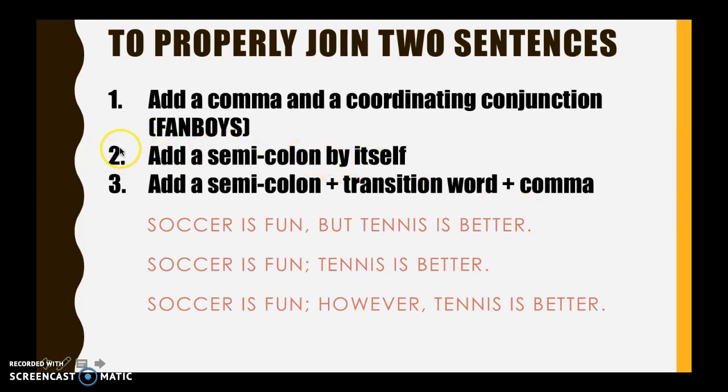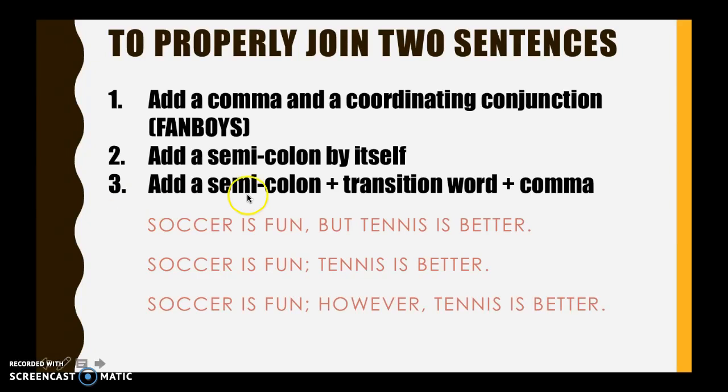The second way is to add a semicolon by itself. The semicolon is the fun punctuation mark that has a period on top and a comma on the bottom. By itself, that can be used to connect two related sentences. "Soccer is fun, semicolon, tennis is better." Finally, you might feel like that's a little choppy. Sometimes you might want to clarify the relationship between the two ideas you're combining. So the third way to properly join two sentences is to add a semicolon and a transition word and then a comma.